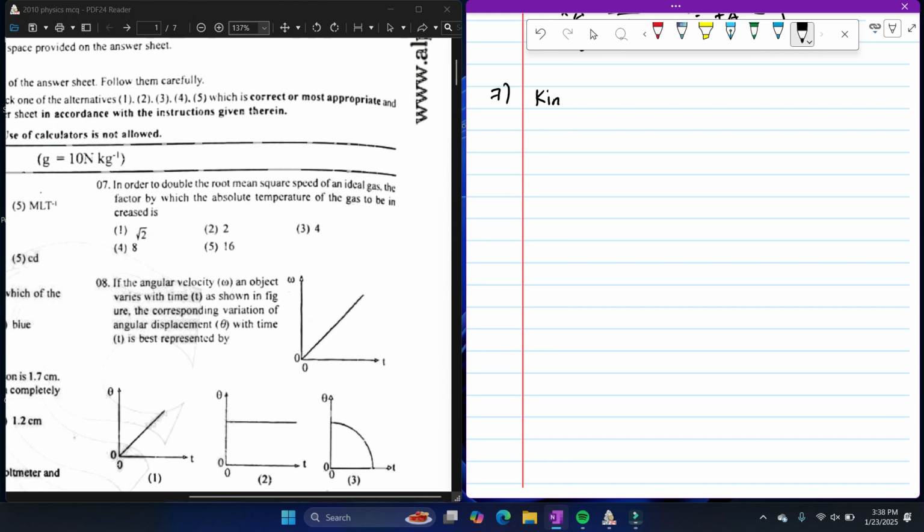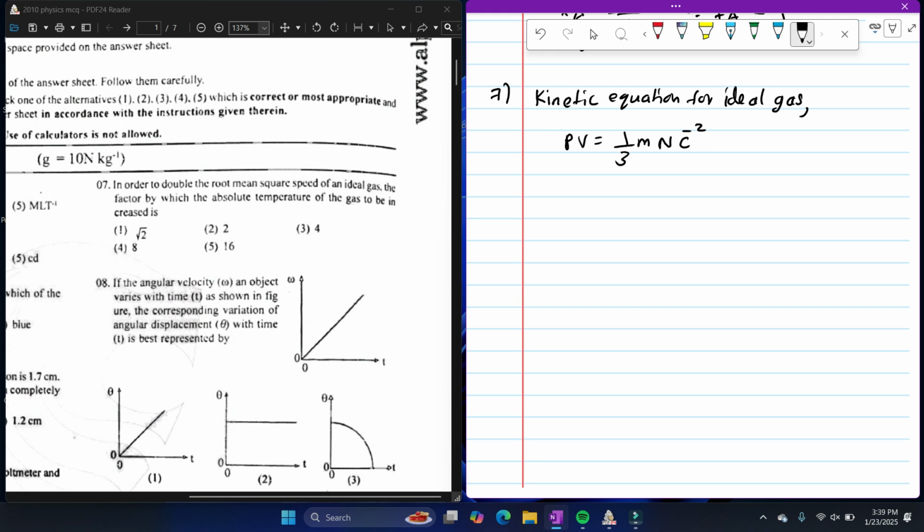So I'd better write down the molecular kinetic equation for ideal gas, that is PV equals, this is a famous equation and you will find this in chemistry as well, one third M capital N C bar squared.